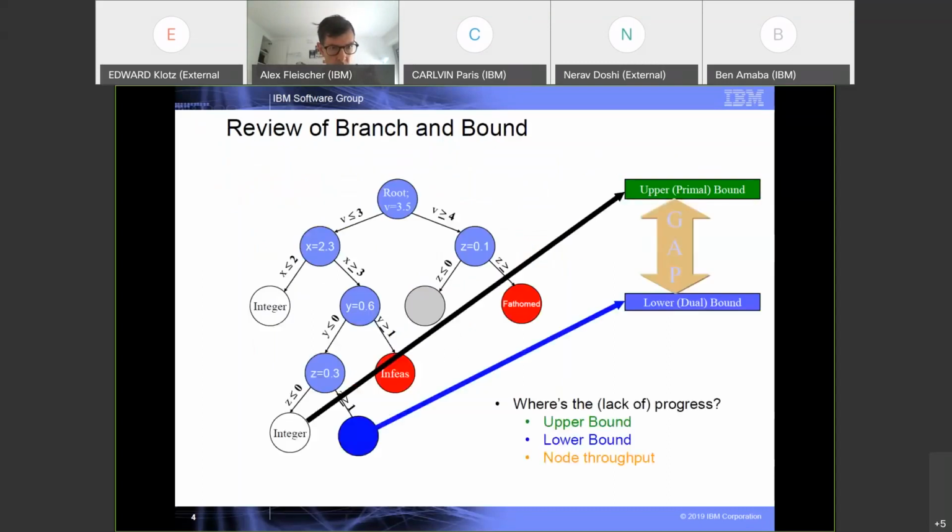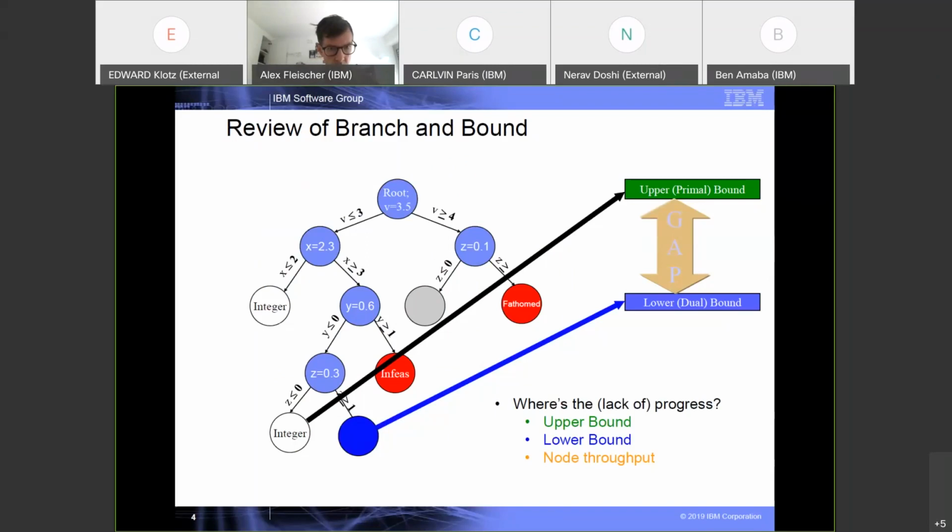So here is our branch and bound algorithm, and we're going to do sort of a Cliff Notes summary here. And we'll see that that's sort of all we actually need to do to get started. So this is a tree search algorithm, and each node in the tree has a linear programming relaxation that we need to solve.